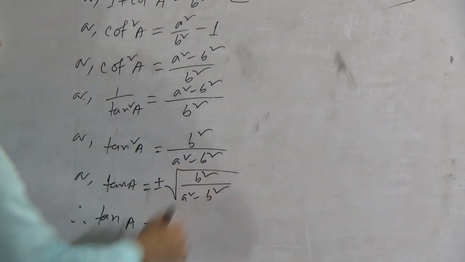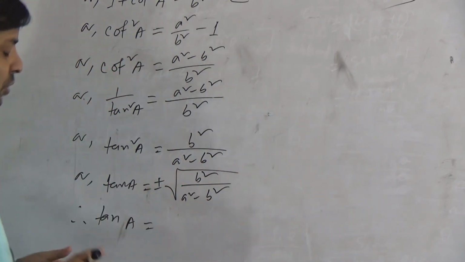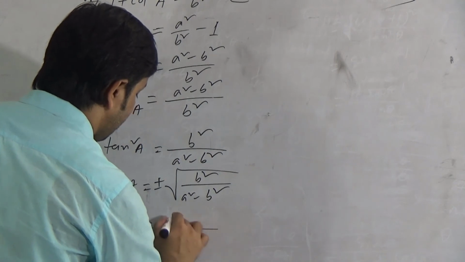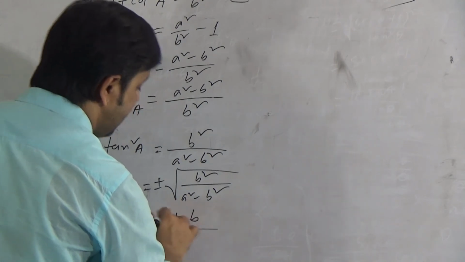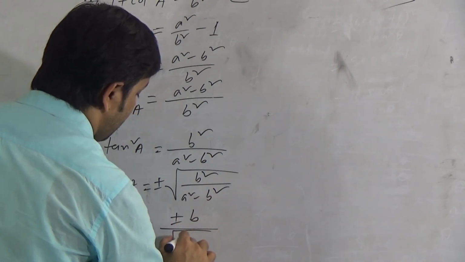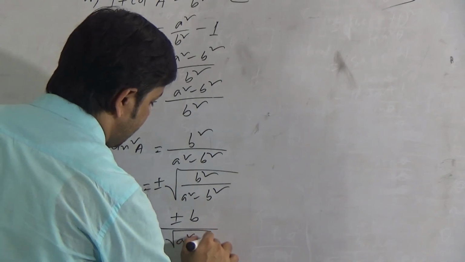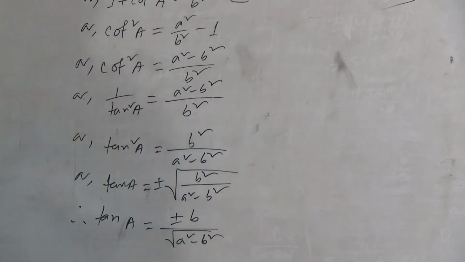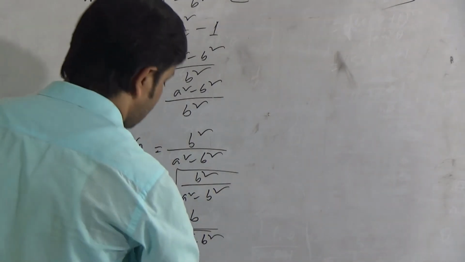The square and square root of B will vanish. So in the numerator we will get plus minus B, and in the denominator square root of A square minus B square will remain. So now see what we need to prove. Yes, we need to prove plus minus B by square root of A square minus B square. The proof is done here. So we can write here proved.